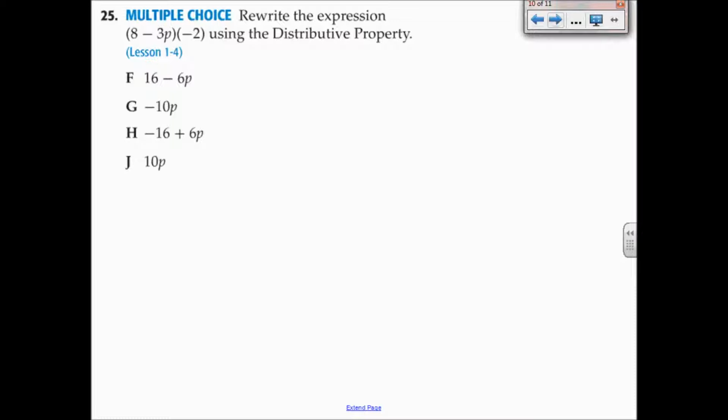Last problem, rewrite the expression using the distributive property. So again, if you want, you can rewrite it with the negative 2 in front. It doesn't matter. But basically, you need to multiply the negative 2 by each thing. So I have 8 times negative 2, and I put it in parentheses just because there's a negative. I want to keep them straight. And then minus 3p times negative 2.